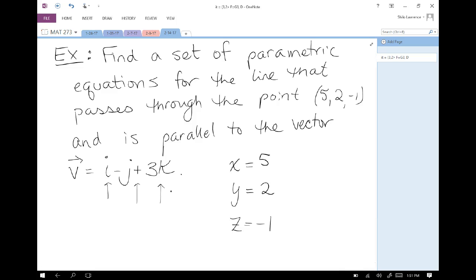And those are going to be the coefficients on our t's. It tells us how to change the x-coordinate, the y-coordinate, and the z-coordinate every time we want to move to a different point on the line. So the x-coordinate is going to change by how many every time? Just one, because we've got a little imaginary 1 there in front of our t.